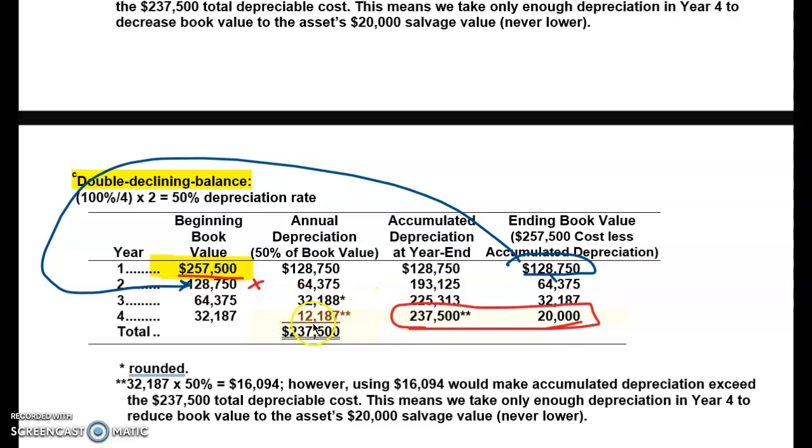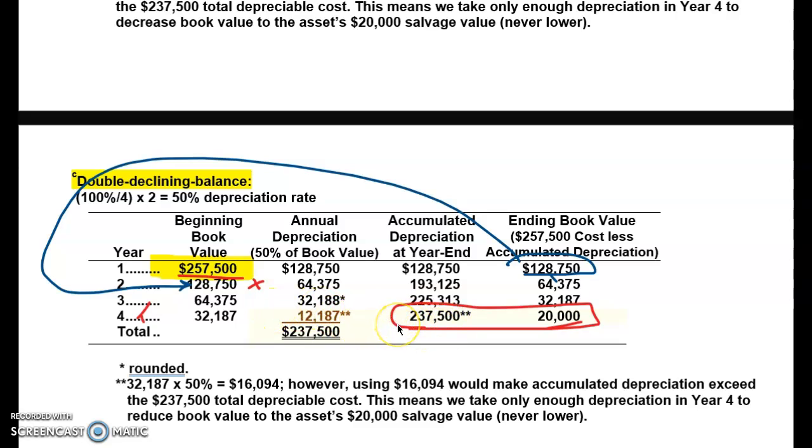We cannot, just like some of the units of production, we cannot have anything in this line here that would cause this total to go beyond 237.5. So always make the adjustment in the last year. Okay, so 32,187 times 0.5 is 15,000 something.